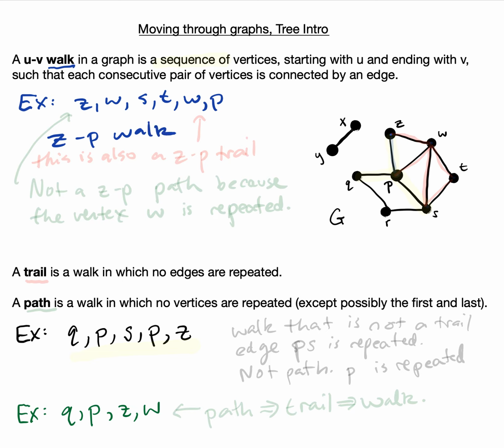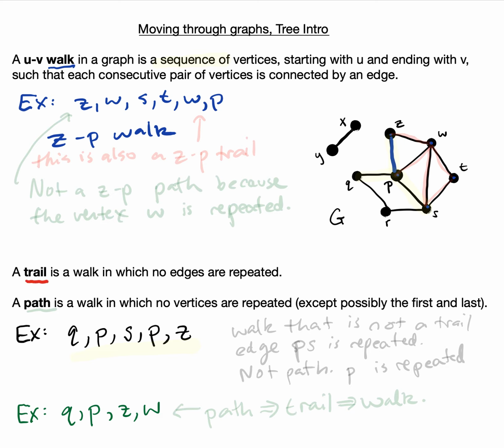Okay, we start at Z, W, S, T, W, P. So yes, each consecutive pair of vertices was connected by an edge, and we started with Z and ended with P. Note that this was obviously not the most efficient ZP walk we could have done. We could have also done a very short ZP walk that would have just been a sequence of two vertices. But that doesn't matter. This longer walk that we just took is also a ZP walk.